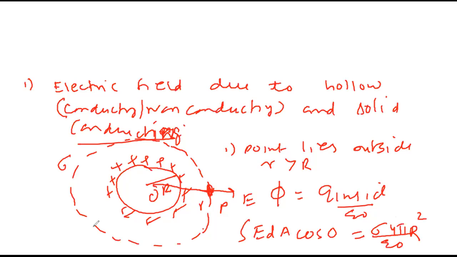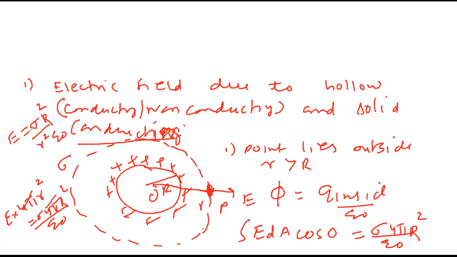Correct? That means E into the total area of the Gaussian sphere, 4 pi small r square, equals sigma 4 pi capital R square upon epsilon naught. 4 pi cancels. So E equals sigma capital R square upon small r square into epsilon naught.